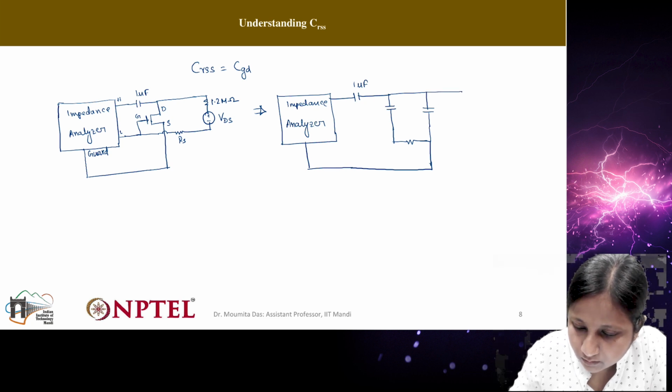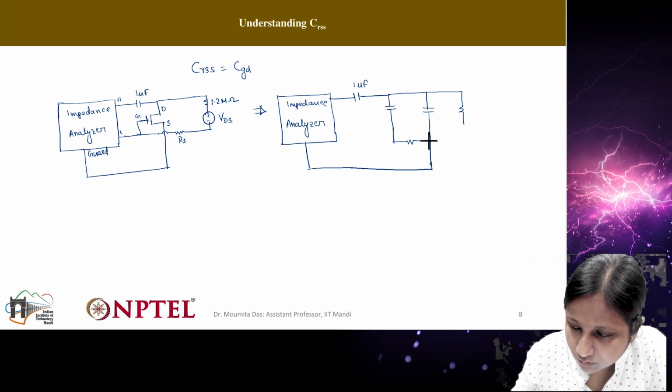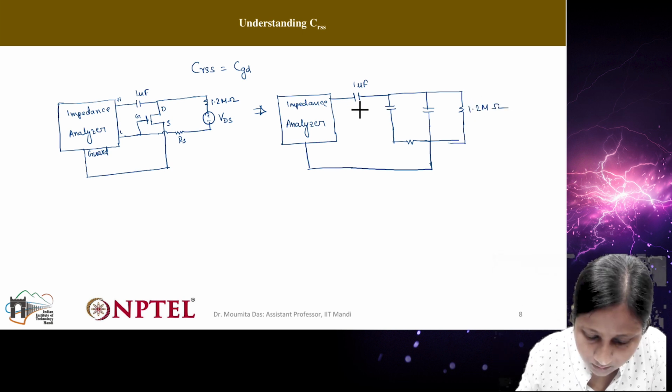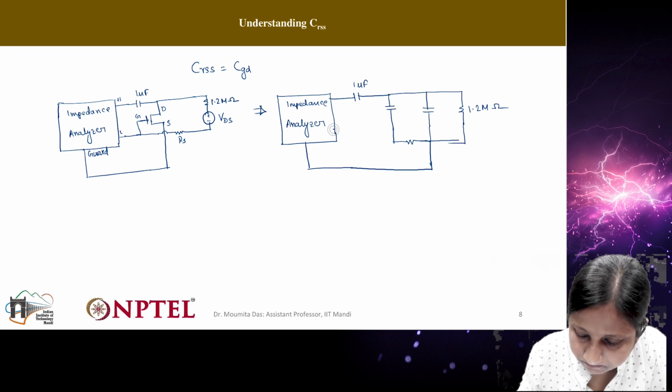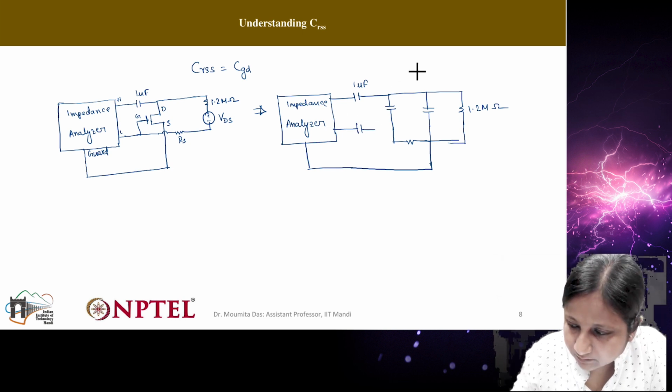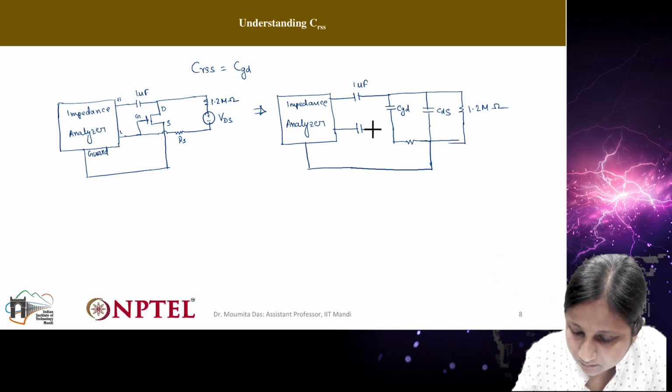And here it will have 1.2 megaohm. And now this is the value CGD, CDS, and now this is having the value of CGS.